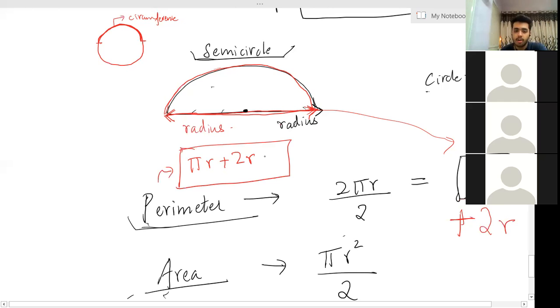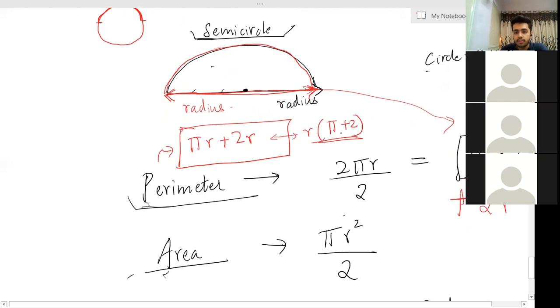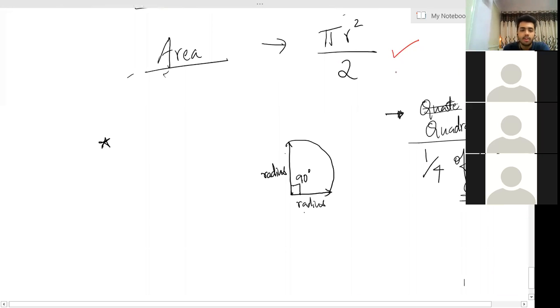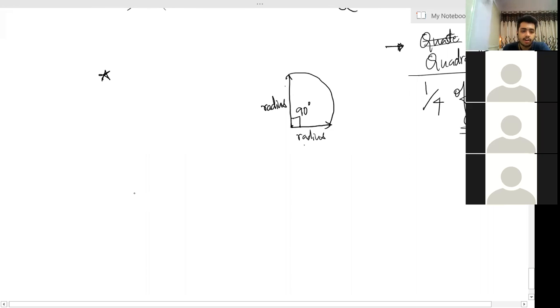Or you can take r common. You can say r into pi plus 2. Both are the same. But the area remains the same. Remember, area remains the same because area is the space, right? That is the same. Next, perimeter of the quadrant.